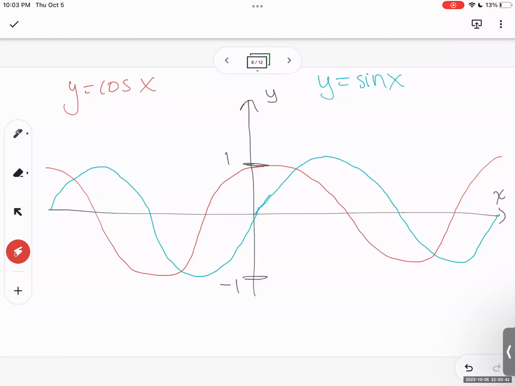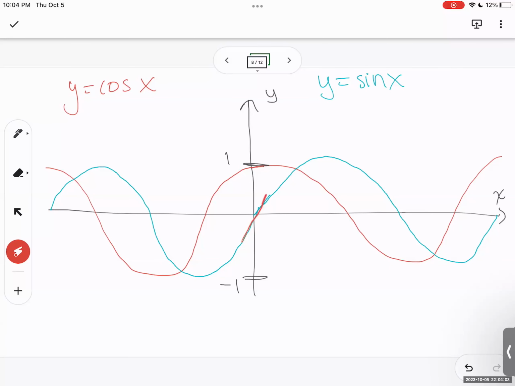So now if we look at the slope of our red curve, we can see that our slope at 0 is 0. It's horizontal right here. But then it decreases. Right after 0, cosine x starts to decrease.